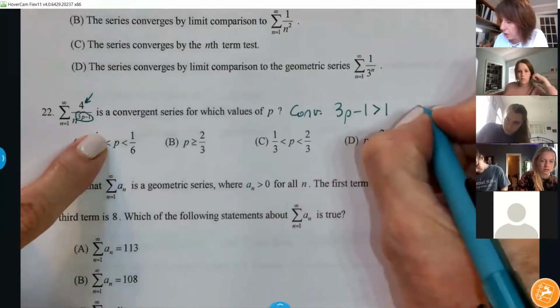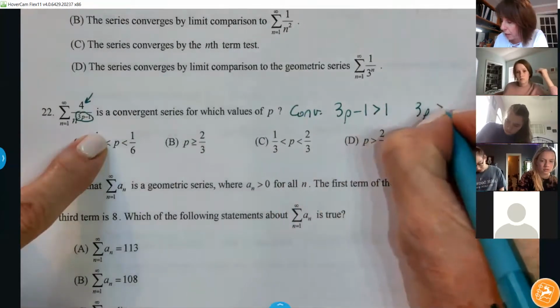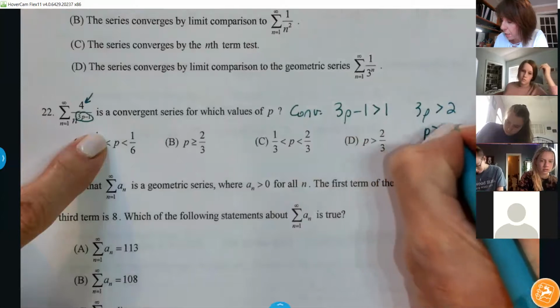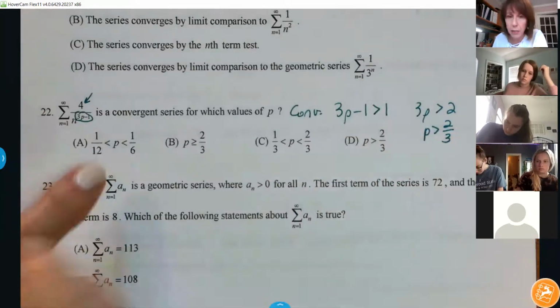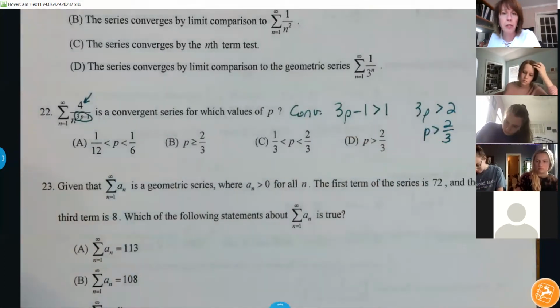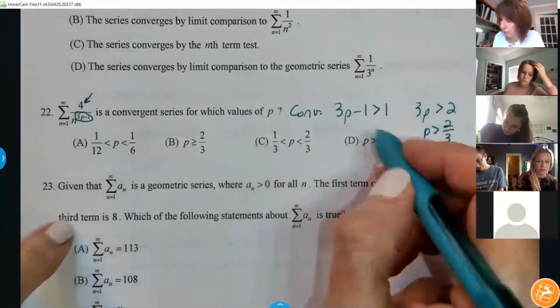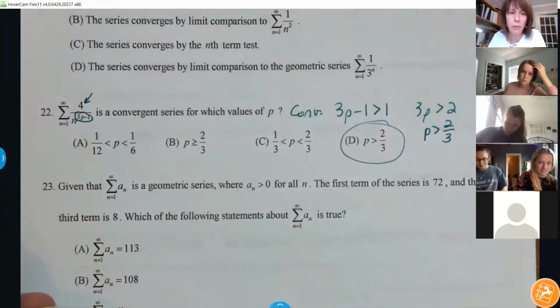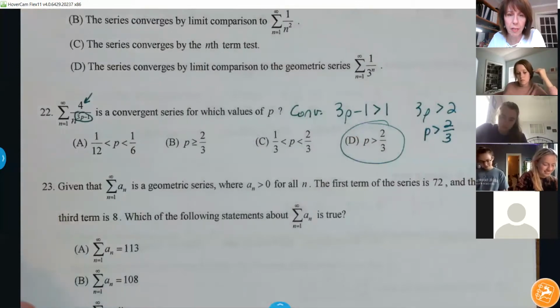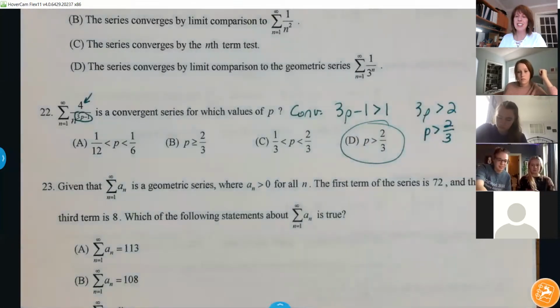So I'm going to add 1 to both sides and then divide by 3. So p greater than 2/3. Is that all right? Okay, what else?